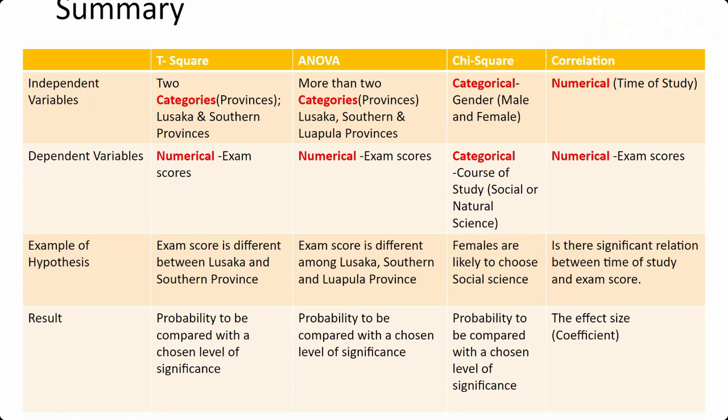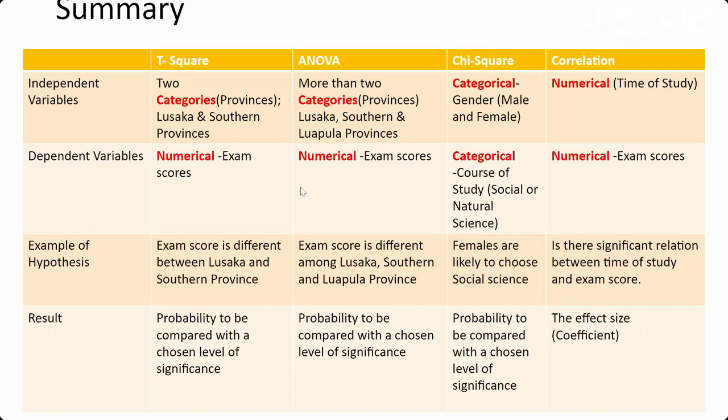If you have more than two categories under your independent variables, in our case, and I'm here now, I'm looking at ANOVA. I've put three provinces. I've put Lusaka, Southern, and Luapula provinces, we have got three categories under independent variables. So the categories are more than two, so we need to use ANOVA.